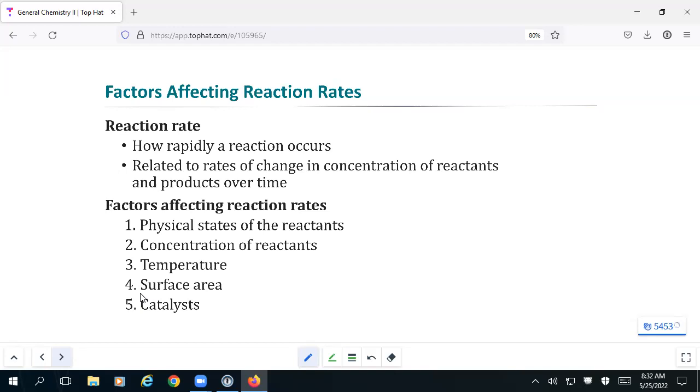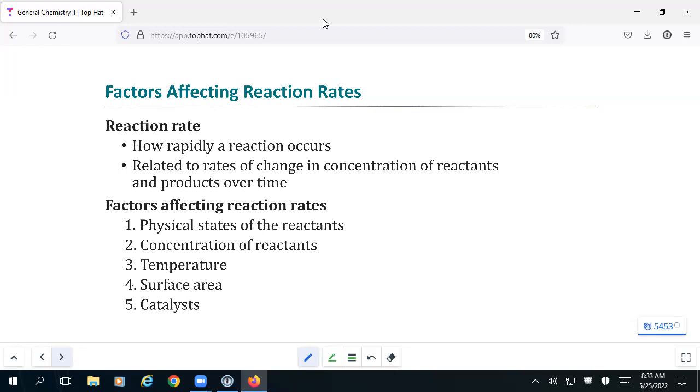The concentration that they are. Obviously, the more concentrated they are, the more reacting species there is, and the more likely it is that the reaction is going to go faster. We also need to look at things like temperature. One of you said something along the lines of surface area.